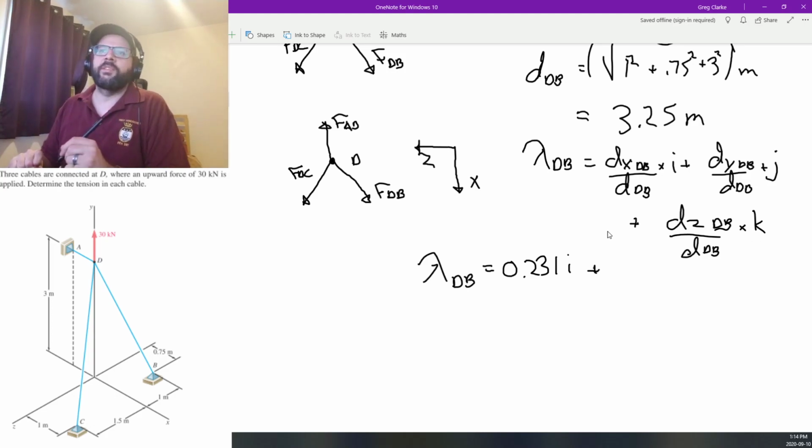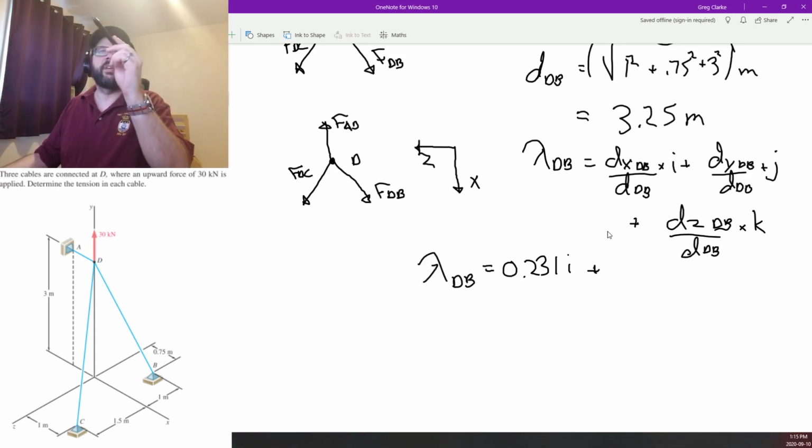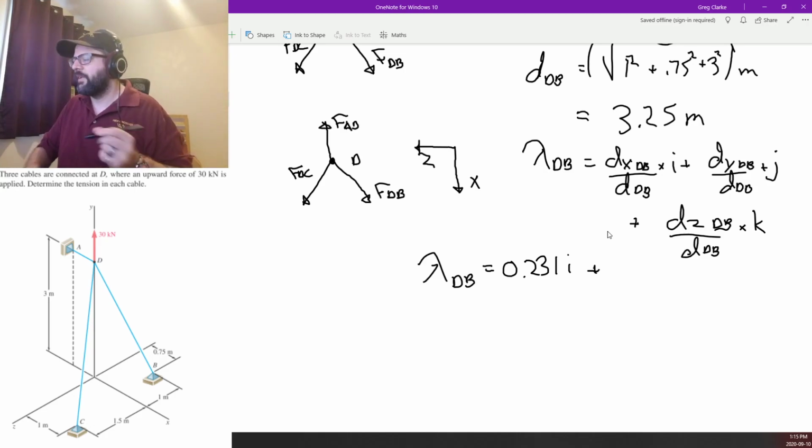And then the displacement in the y direction from D to B, that's going to be -3. You're going downwards. You're starting at an elevated point and you're going downwards. So you do need to keep your signs in mind.